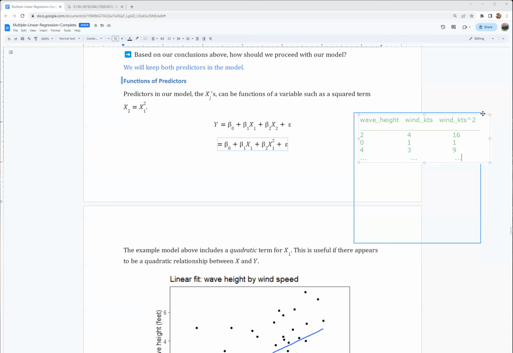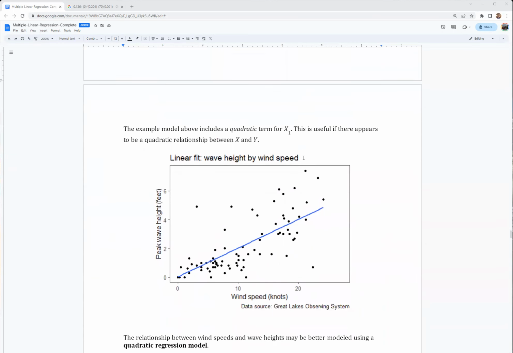In other words, you could have wind speed cubed and then wind speed to the fourth power. But you wouldn't want to include too many predictors. You would probably want to use AIC or BIC to decide how many you should include if you're going to go down that route. Right. So that's the idea behind how we can account for nonlinearity.